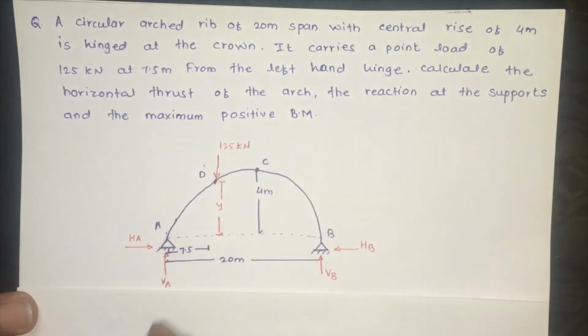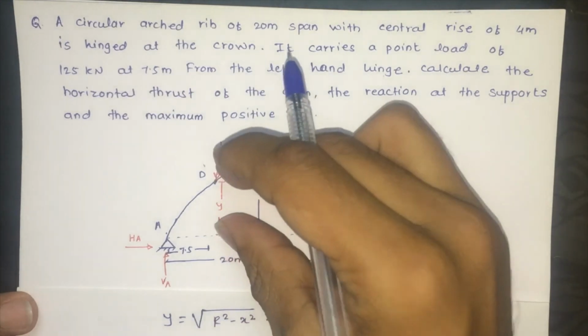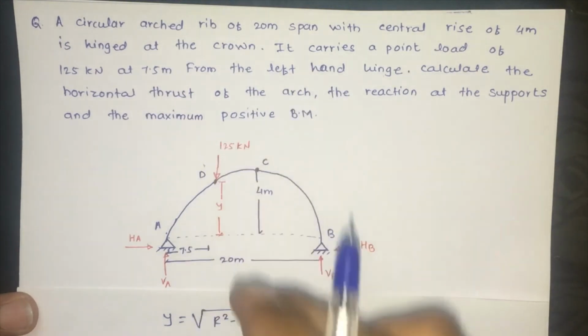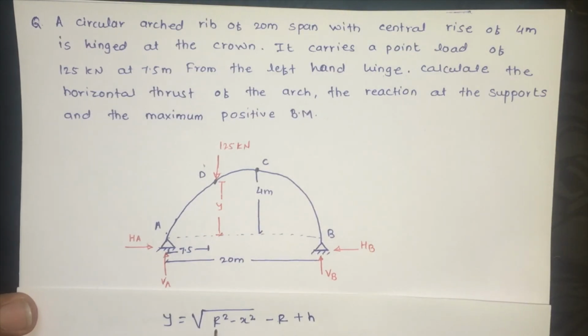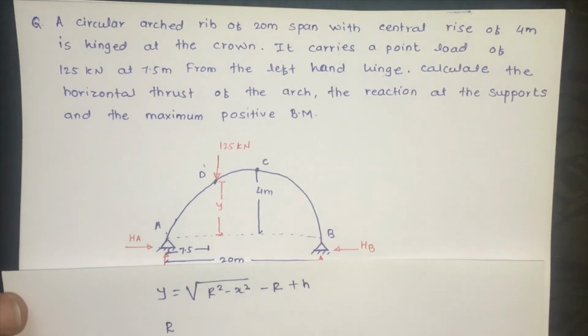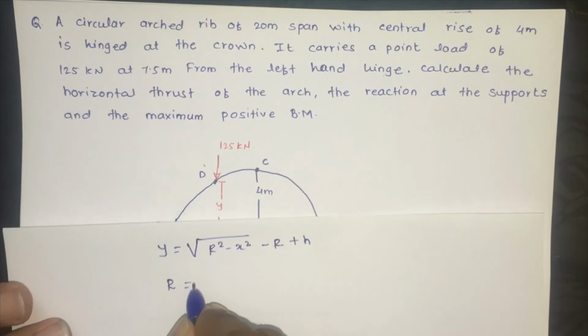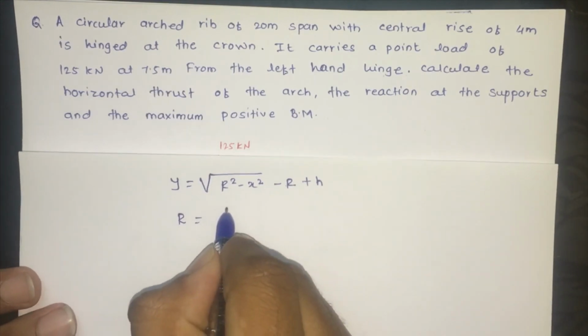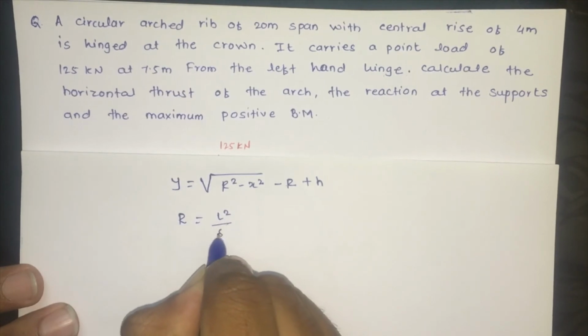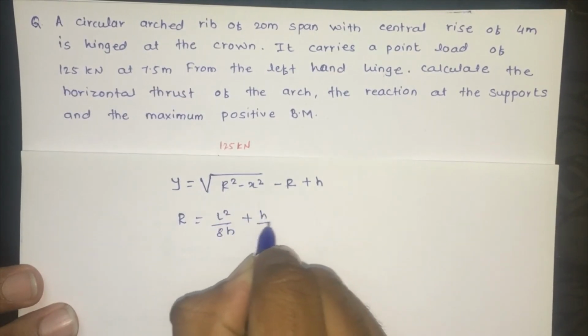To find this height, there is one formula: y is equal to square root of r square minus x square, minus r plus h. This is the formula to find the value of y. In this formula, first we have to find the radius, because we require that radius. The formula for radius is r equal to L square by 8h plus h by 2.